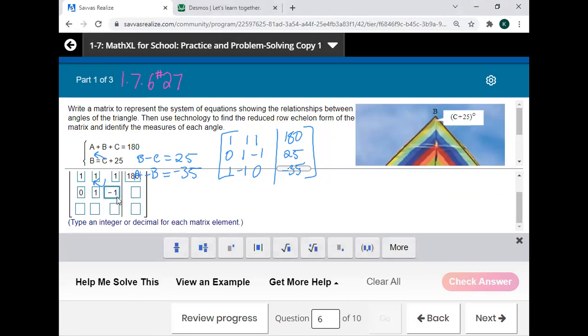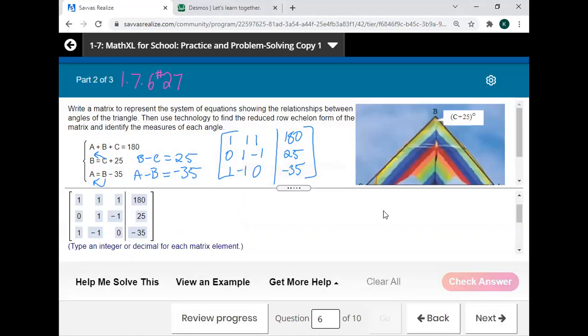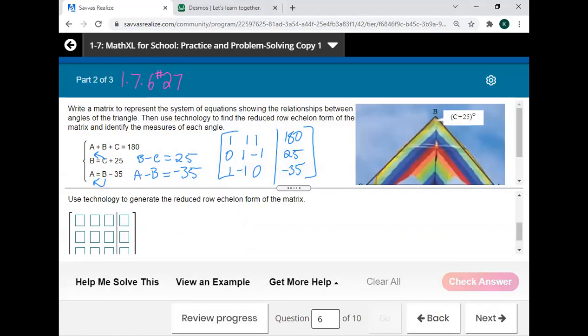Negative 1, 25. And then 1, negative 1, 0, and negative 35. All right, check our answer. Fantastic.